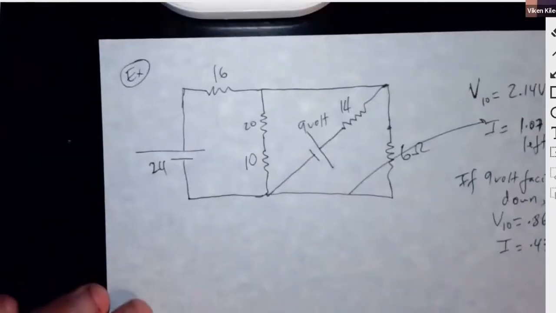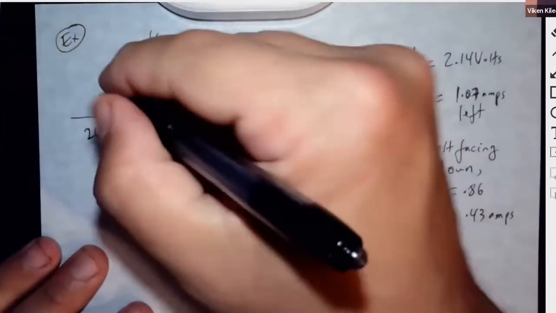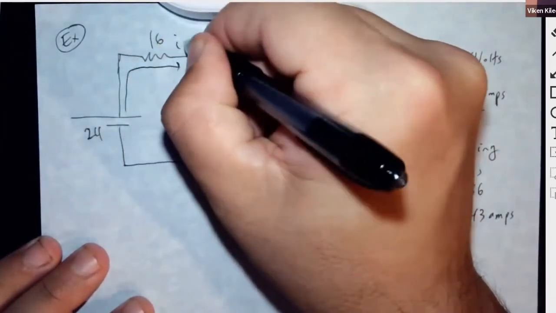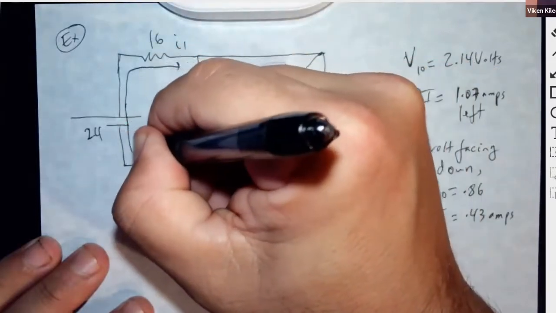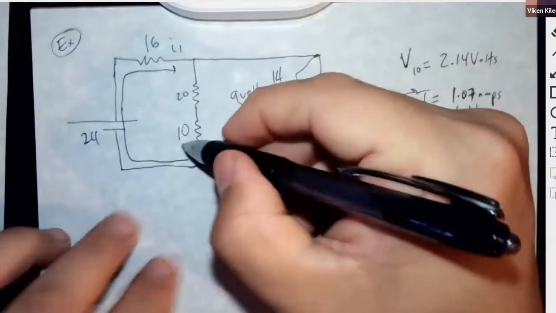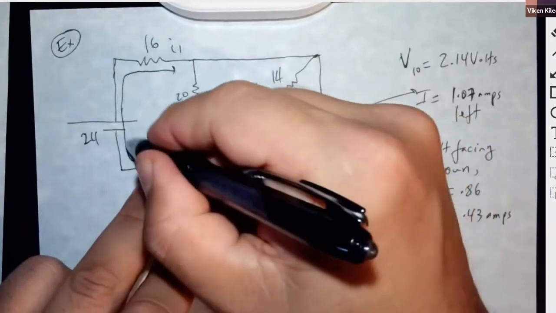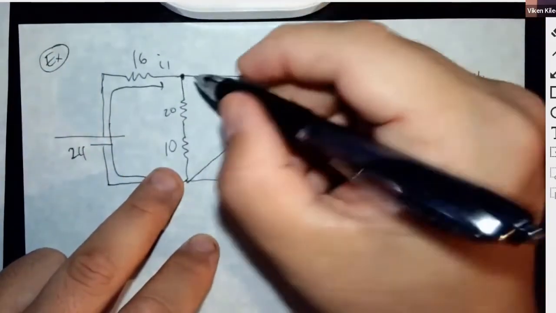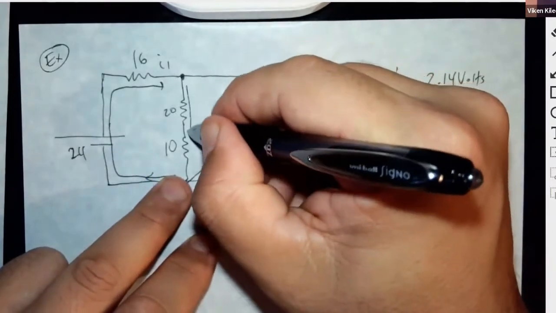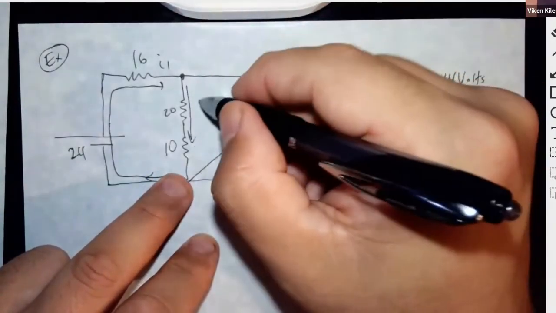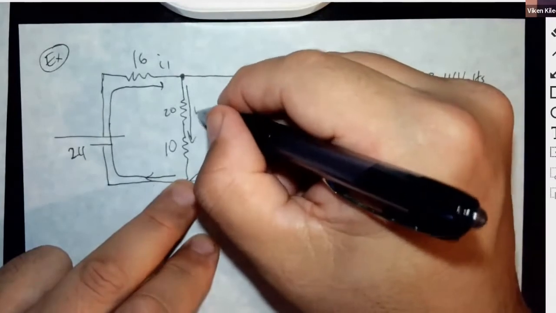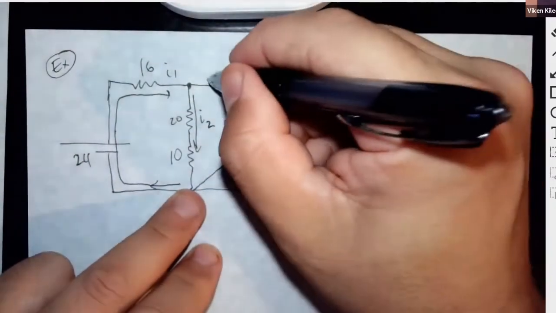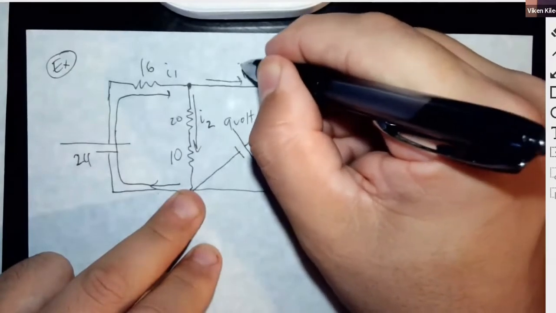Okay, so I usually like to do something like this, like the current here, call this one I1. So I'm assuming the current is coming here, I1, and then over here, the current splits into, let's say, I2, and then this one would be I1 minus I2.